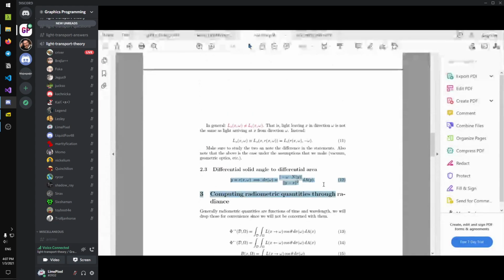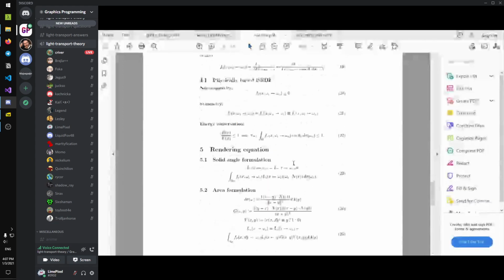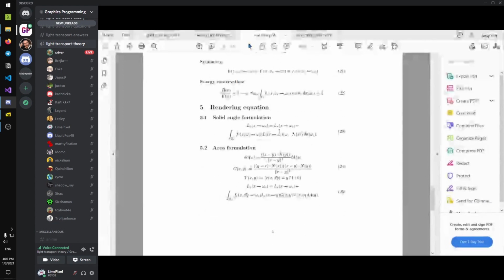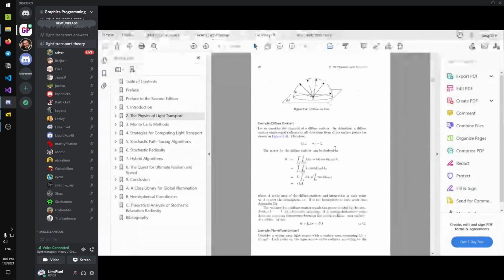So we use that relationship: we just take the solid angle formulation, plug this in here, we have this expression, we substitute it with this, and then you get this expression for the area formulation, which now integrates over areas. That shouldn't be omega x, that should be m. It's over all surfaces in the scene.